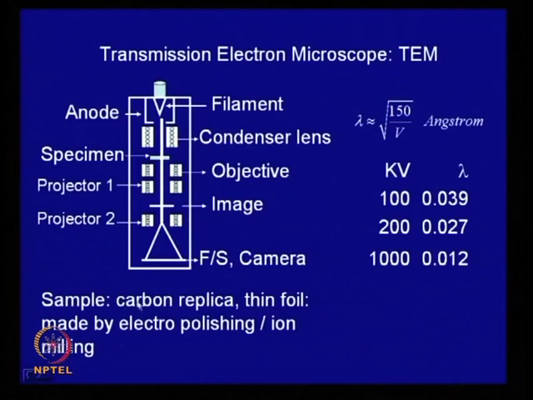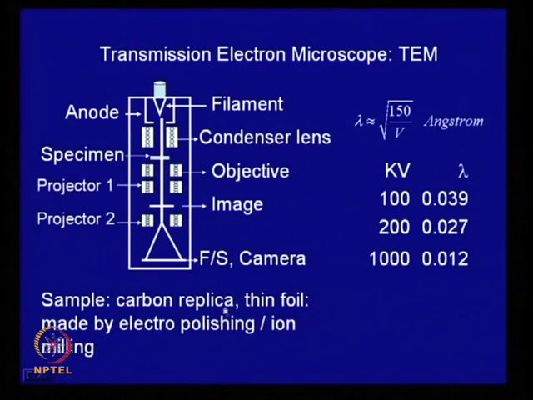Sometimes by using some special etching technique, it is possible to extract some of the particles from the metal surface, and you can also look at how these particles are distributed.